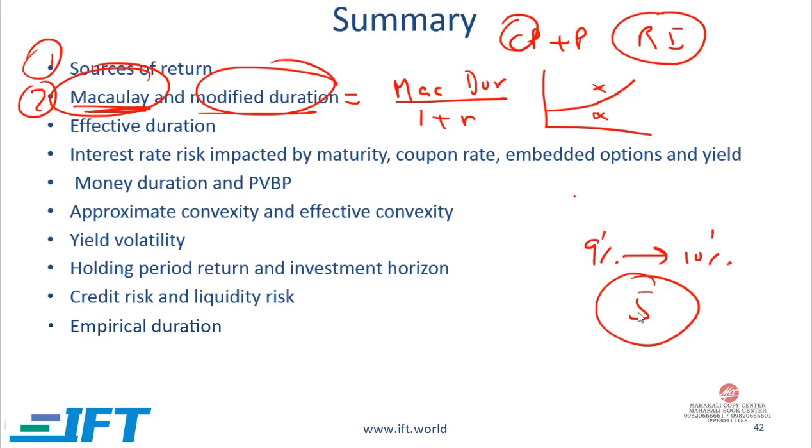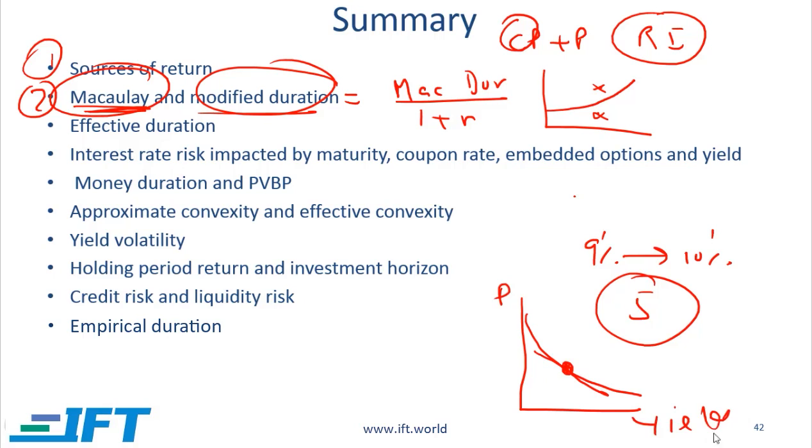Approximate modified duration can also be thought of as the slope of this particular tangent at a given point. So if you have the price yield relationship, then the approximate modified duration is simply this curve over here.